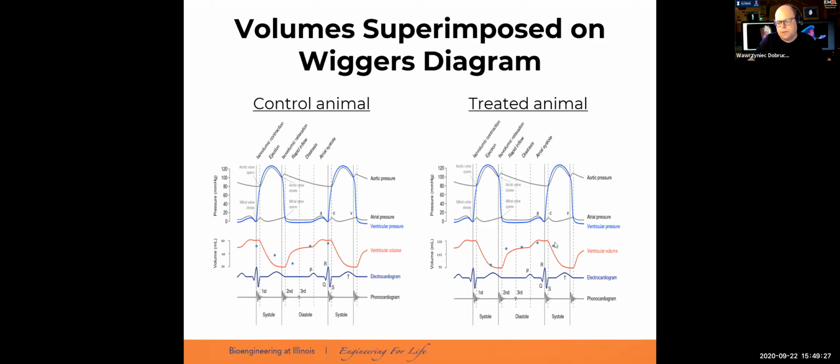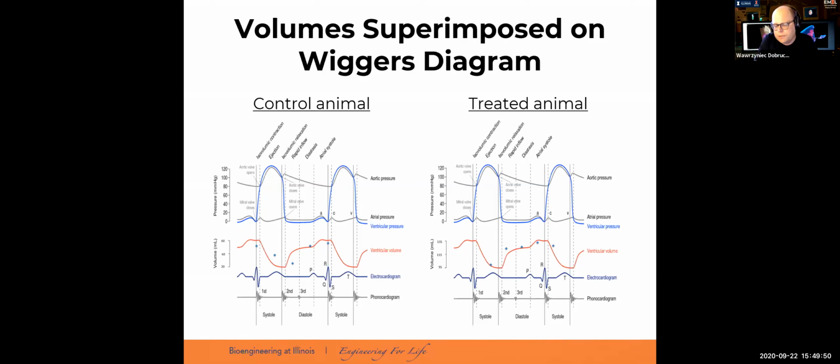Using this method, we were able to calculate the ejection fraction in the control, but also in the experimental animals, which showed that in those knockout or treated animals, the ejection fraction is much lower than in the controls. So that's one of the applications.